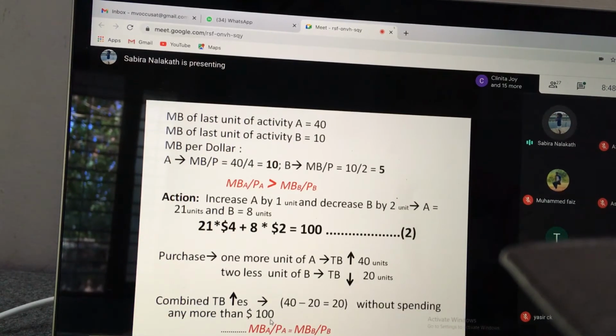So up to a certain point, the manager will stop adding activity A, because its marginal benefit will reach a point where it becomes negative. So he will stop adding more units of activity A, and it will equate with the marginal benefit of activity B after a certain point. This is where he has to make the optimal decision.